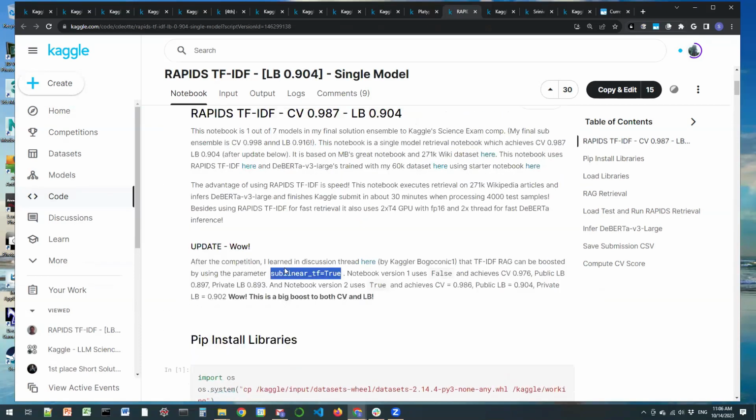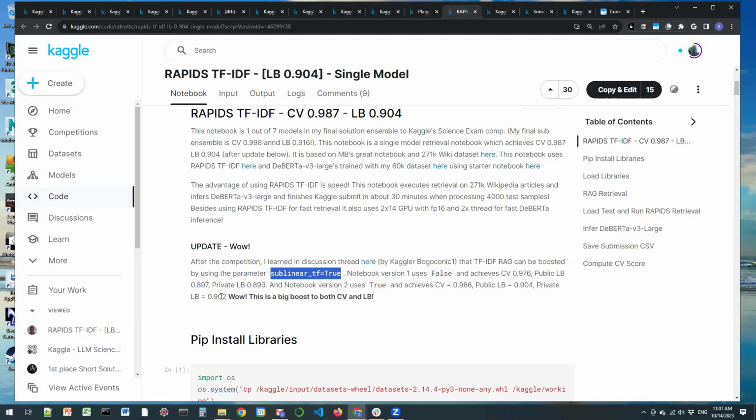It's fascinating that this flag, whatever it means, going from false to true makes such a difference. So he's saying if you do the retrieval this way, it pushes the score on the public leaderboard from about 0.897 to 0.904, and private goes from 0.893 to 0.902.